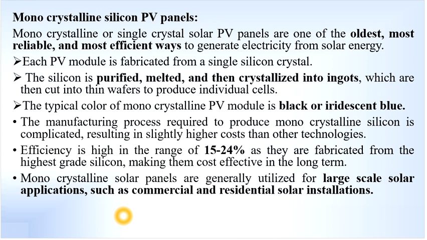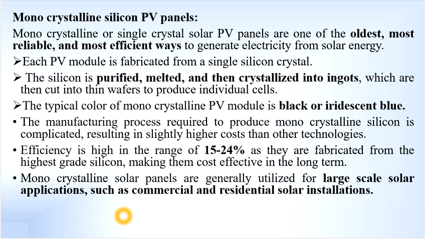And this silicon is purified, melted and then crystallized into ingots, which are then cut into thin wafers to produce individual cells, right? So before producing the cells, it is purified first, then melted and then crystallized. The typical color of a monocrystalline PV module is black or iridescent blue.